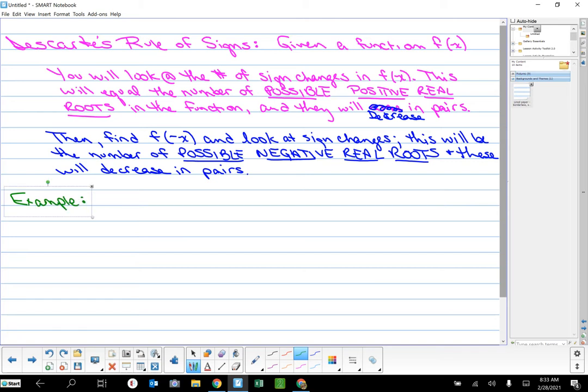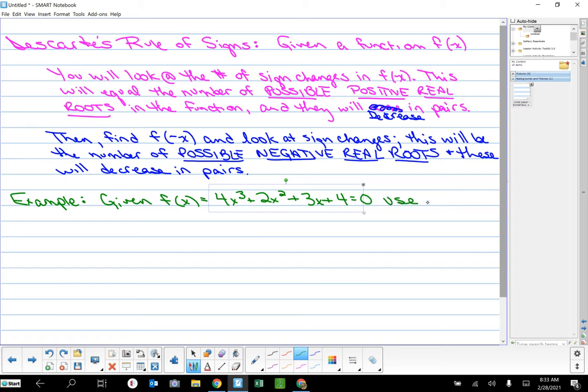Okay, so here's an example. And there's a lot of mathematical language in here. Let's see. So given f of x equals 4x cubed plus 2x squared plus 3x plus 4 equals 0. And this is how this will look in varsity.